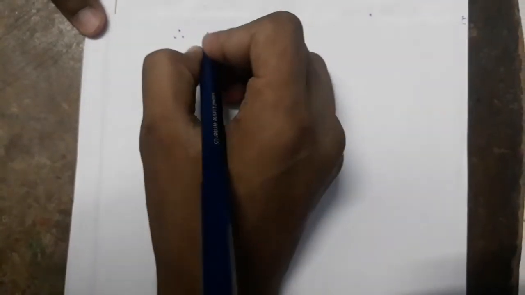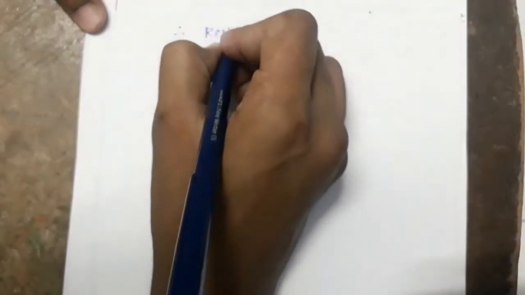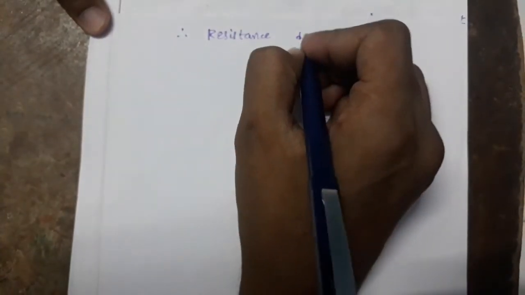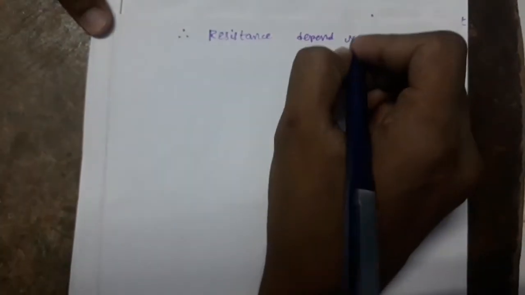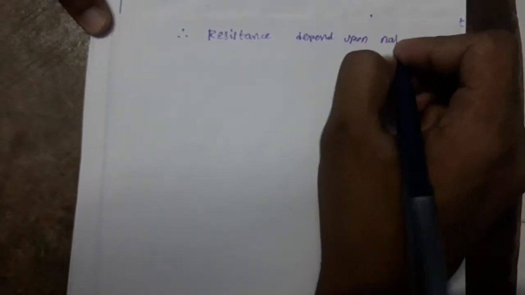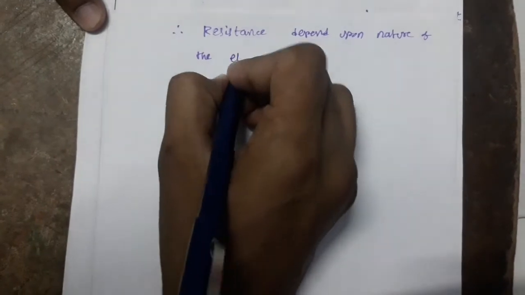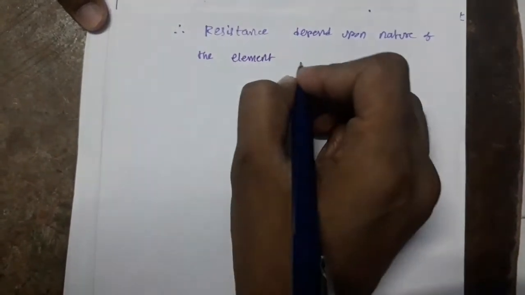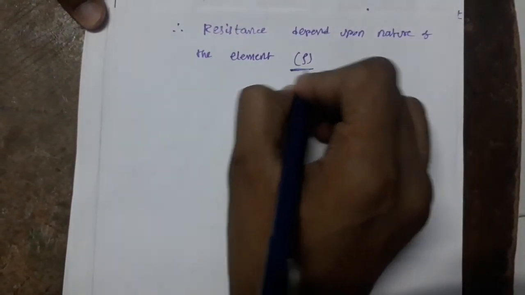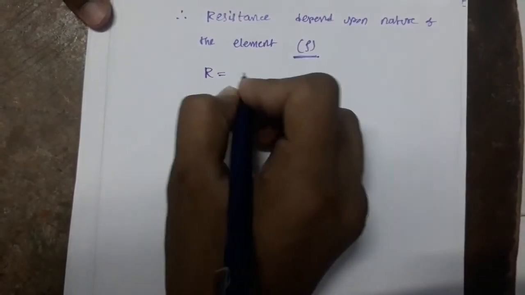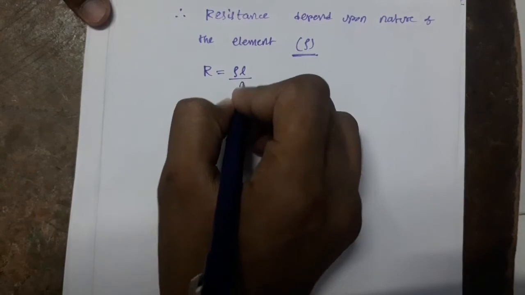Therefore, from this, resistance also depends upon the nature of the element, that is specific resistance. R equal to rho L by A.